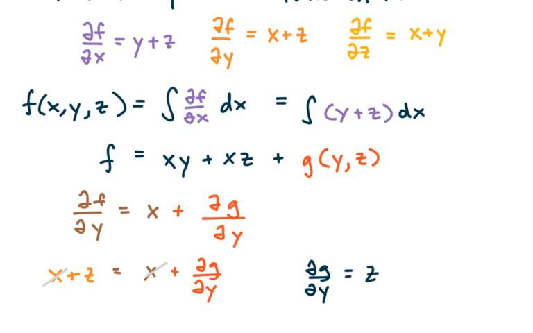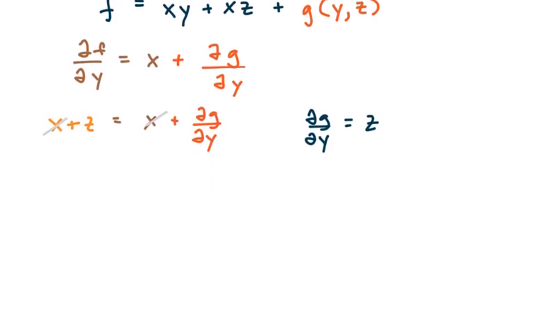And this should make sense because if I plug z in for this term right here, x plus z is equal to partial f with respect to y. So we've got partial of g with respect to y. I know that if I integrate with respect to y, that's going to give me my g function, which I need to plug in to my regular potential function.